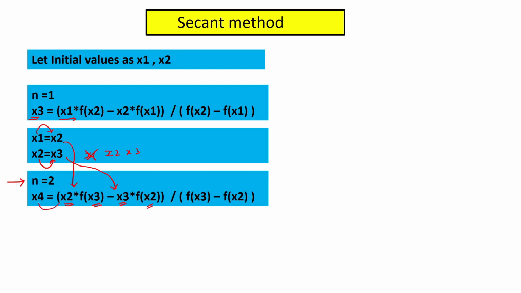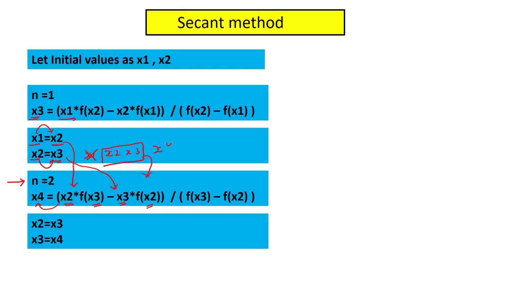And finally I got x4, that is my second approximate root. Here we have to notice that I am not putting x1 and x2. The point is I am using x2 and x3 in my formula. That is, the last two values are getting used in the next iteration. So I have got x4 now.